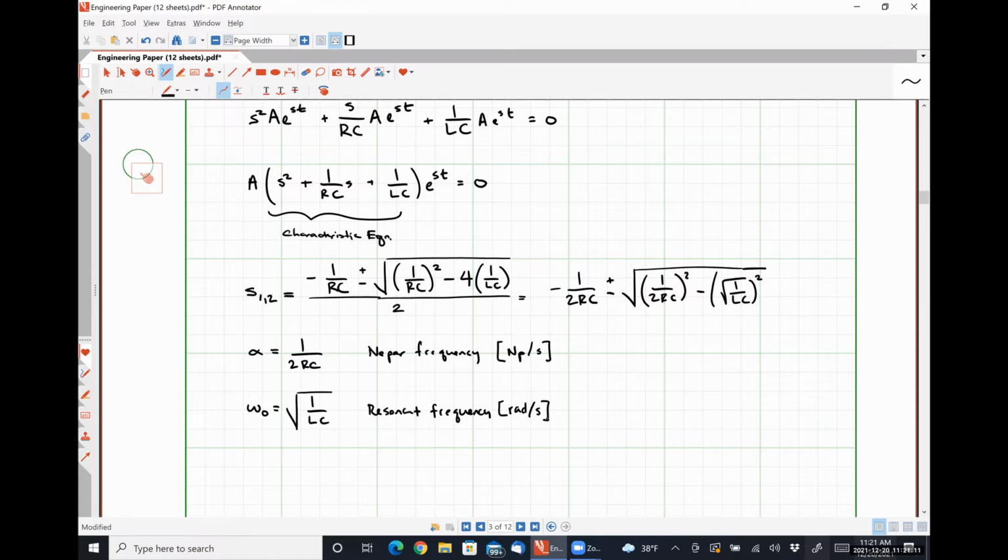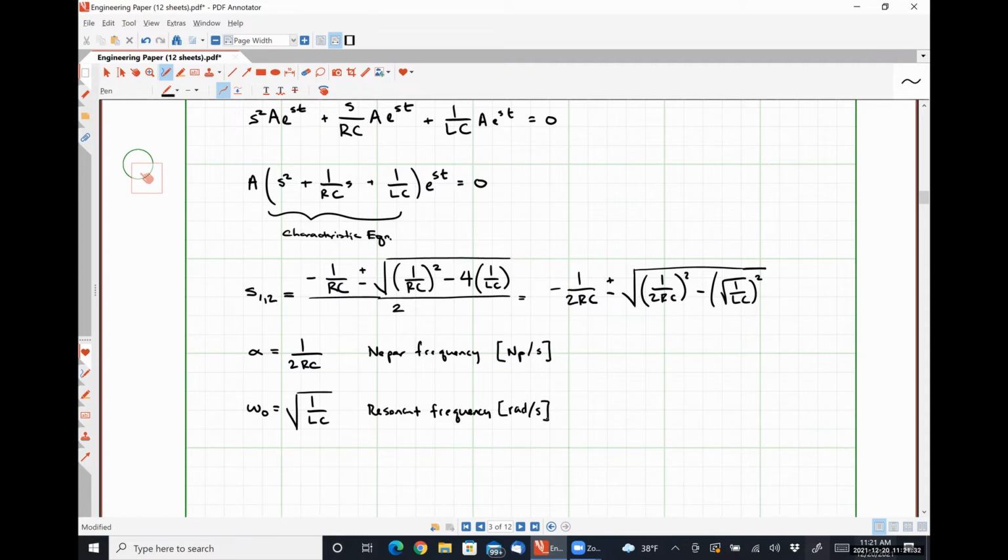The resonant frequency has lots of different measures of importance in circuits and systems as a whole, okay?